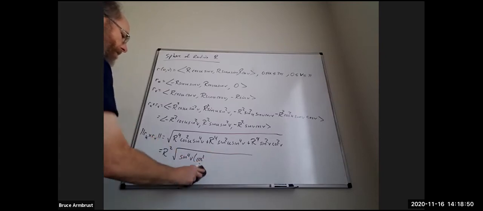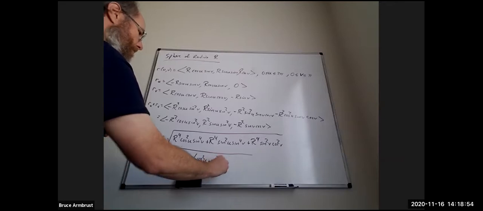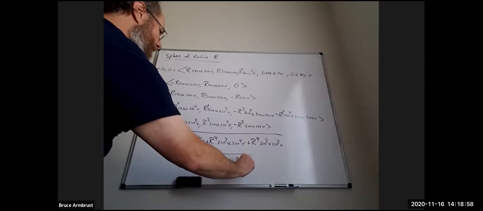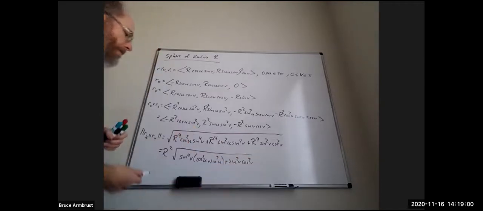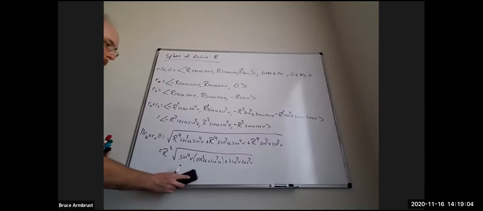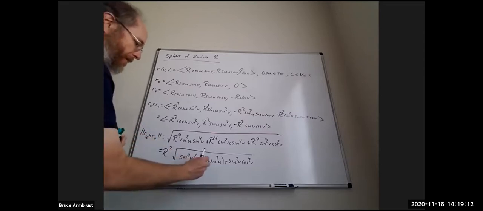So we get cosine squared u plus sine squared u. And then this other part, we still have a sine squared v, cosine squared v. Well, this guy, of course, is equal to 1.